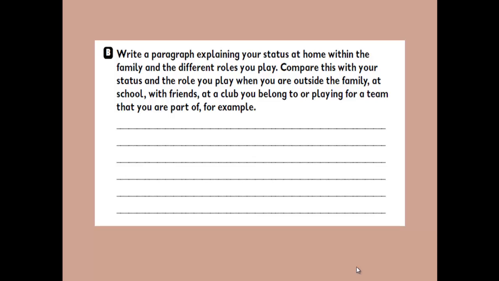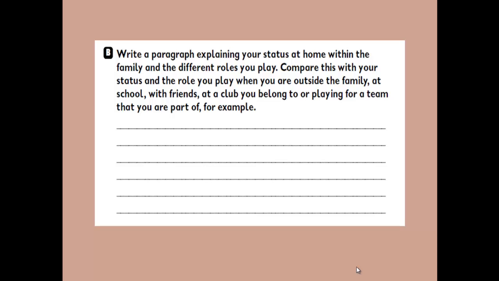Now, practice number B. Write a paragraph explaining your status at home within the family and the different roles you play. Compare this with your status and the role you play when you are outside the family, at school, with friends, at club you belong to, or playing for a team that you're part of.